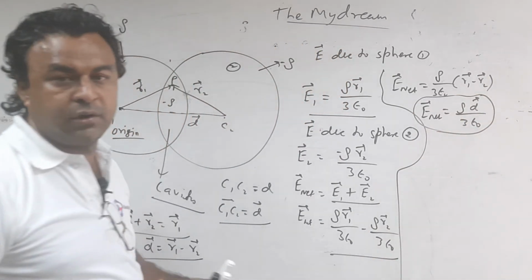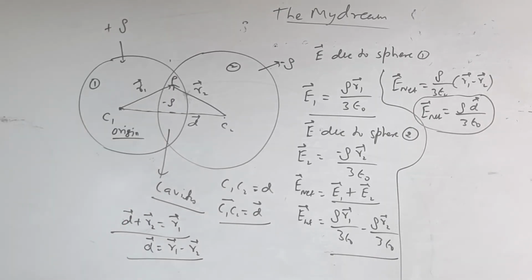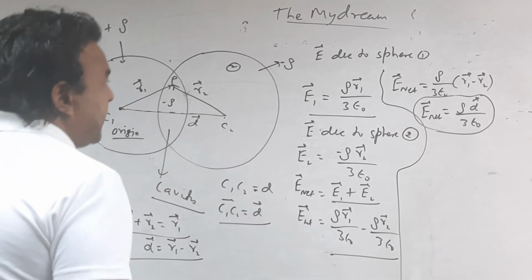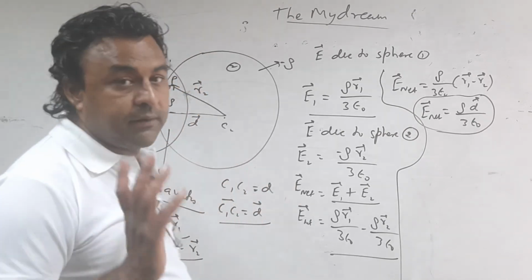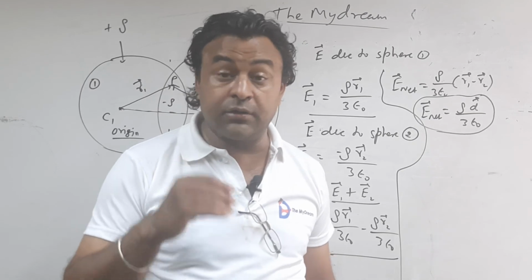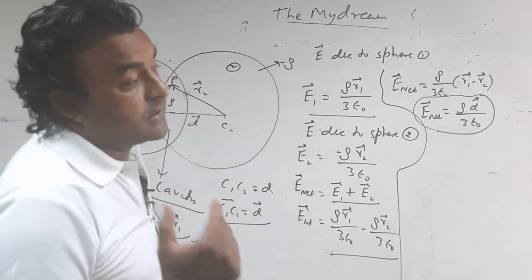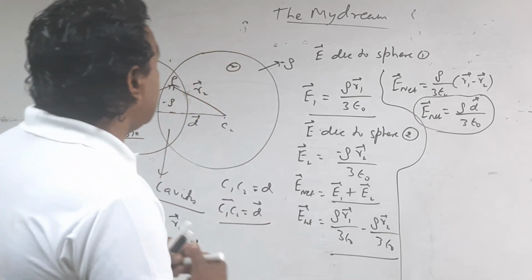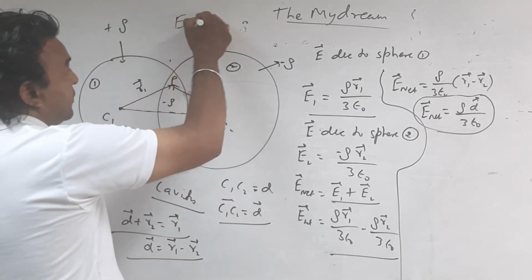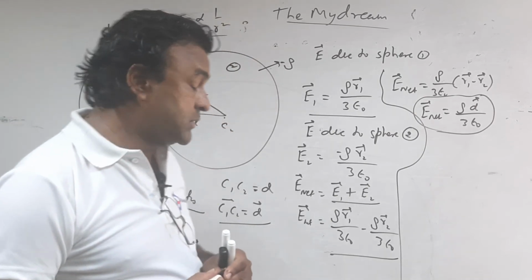So if you have uniformly charged spheres, one or two intersecting each other, but the density is uniform, then you place any kind of cavity, inside that cavity at each and every point, the electric field intensity will be uniform in magnitude as well as direction. Interestingly, sometimes students ask the question that electric field due to a point charge is proportional to 1 by r square, then we can't have uniform electric field.